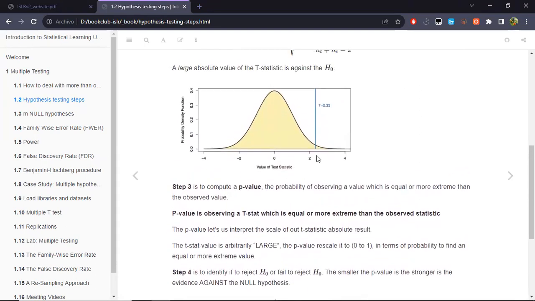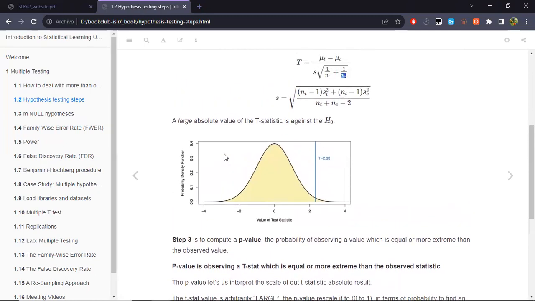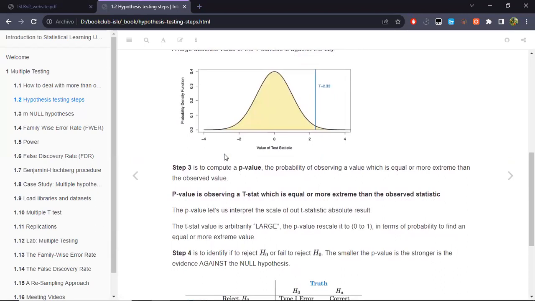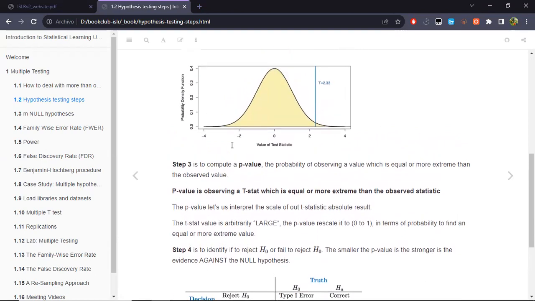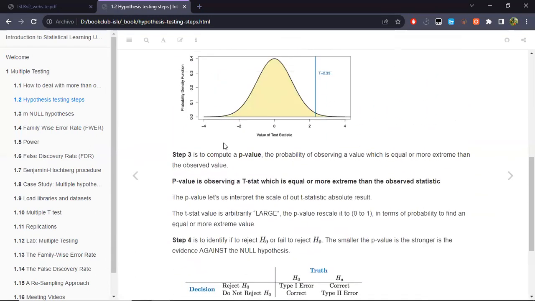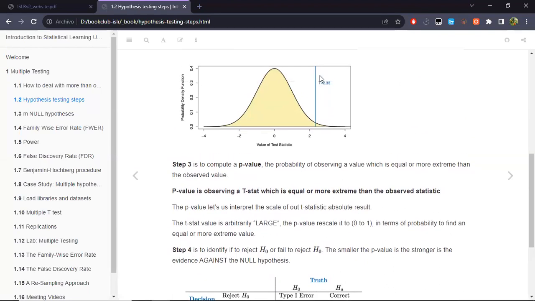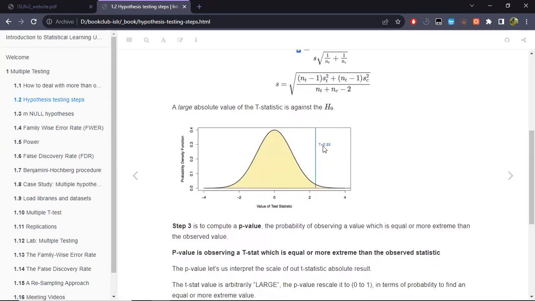So using the null distribution over here, we can calculate a p-value, that is, calculate the probability of observing a value which is close to or more extreme than the actual observed one. So for example, over here, they consider the case that the observed D statistic happens to be 2.33.